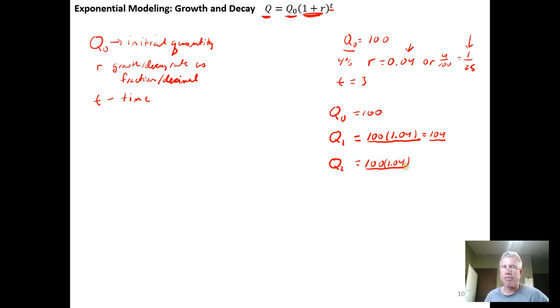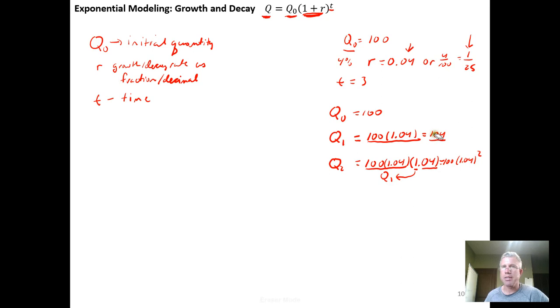This is the amount of money you have 1 year after your investment. And to figure out how much it grows in the next year, you multiply it by 1.04 again. 100% preserves everything that you had the previous year, and the 4% adds on the growth. And this is really just 100 times 1.04 squared.